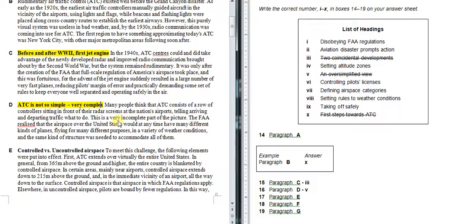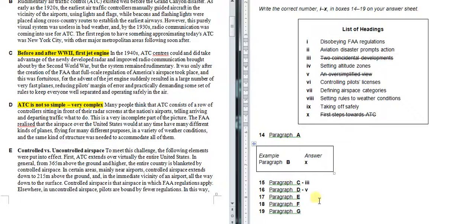All right, so if we move on to paragraph E, controlled versus uncontrolled airspace, let's see if we can find that in here. Okay, I see airspace categories, and I see altitude zones. I think both of these fit in some way.